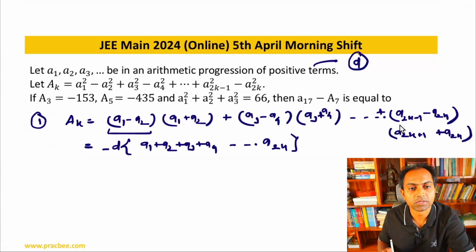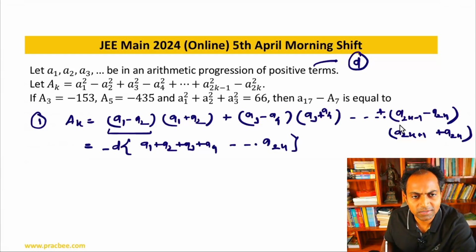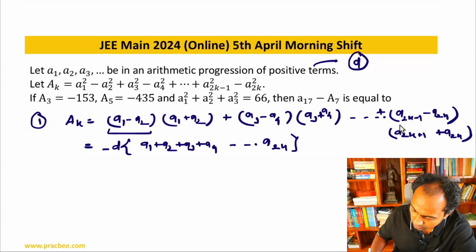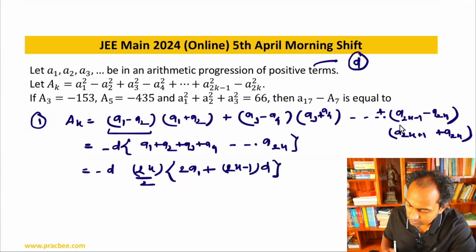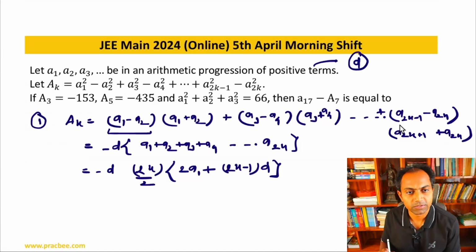And now you can very clearly observe that it is nothing but the sum of 2k terms. So this can be written as 2k by 2 into twice of a1 plus 2k minus 1 into d. So you can see that we have figured out the value of AK in the first part.